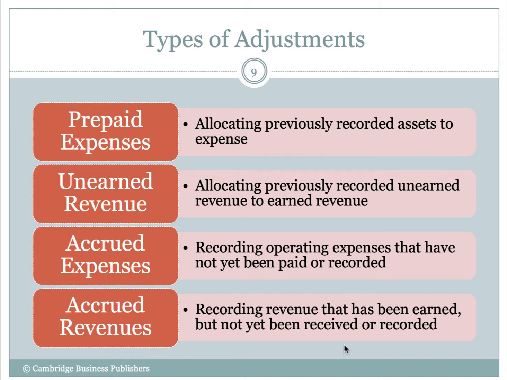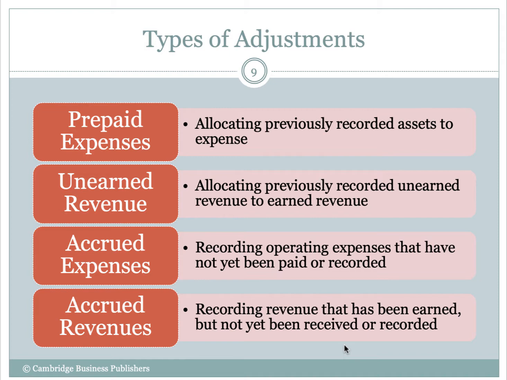Accrued revenue. Here we're saying that we're recording revenue that has been earned, but we have not recorded it yet, nor have we received it yet, okay? Think back to the previous slide that we had when we were talking about revenue recognition. That was the example where we debited an asset, accounts receivable, and credited revenue, okay?